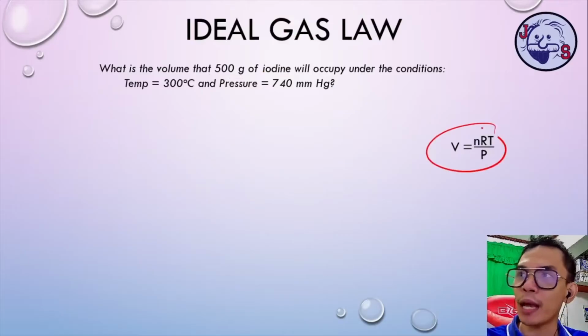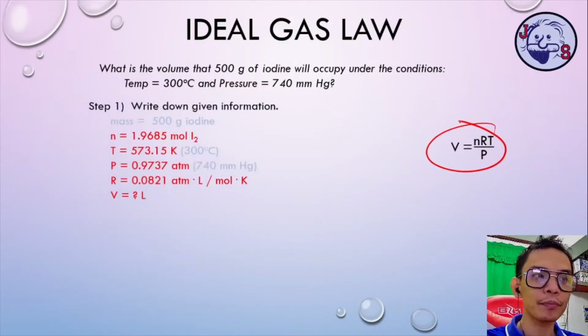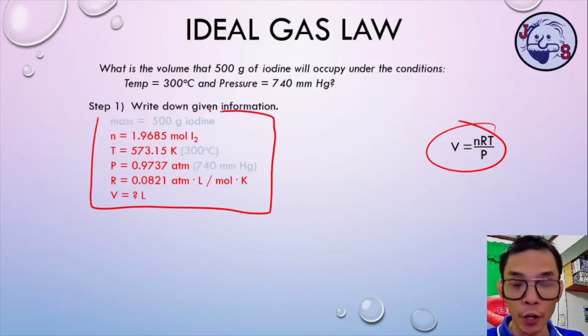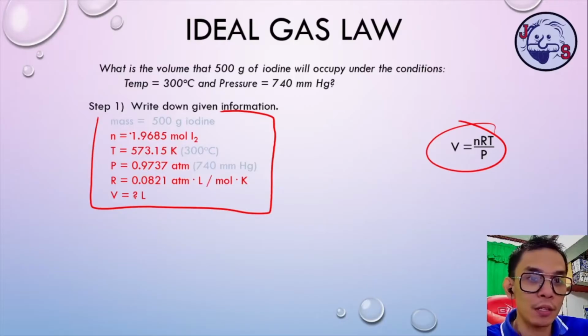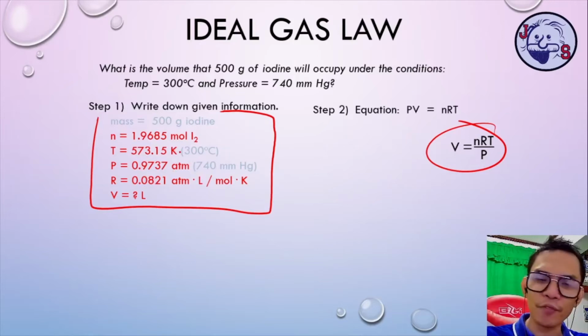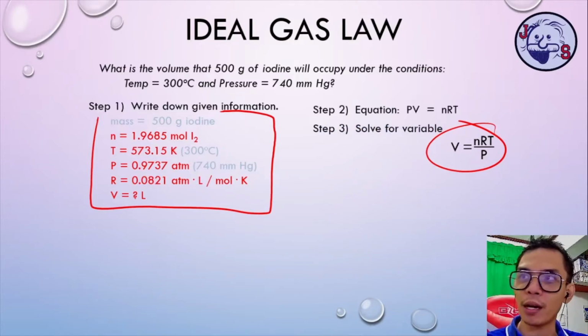Using the same formula that we had earlier, we can write all the given data and their converted forms. We did the conversion on this one, and the same derivation that we have over here.